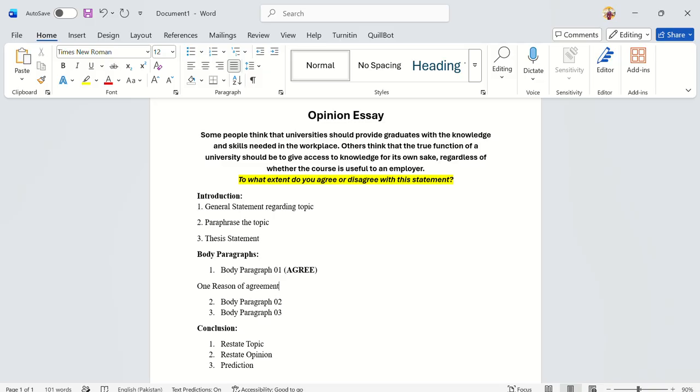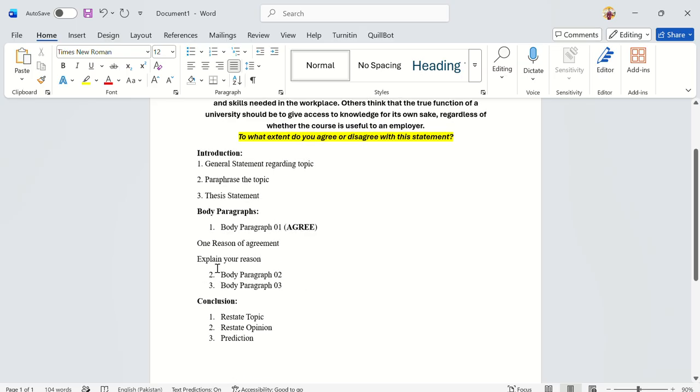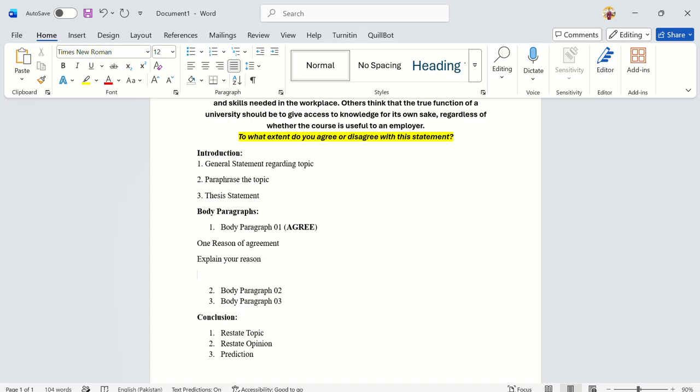And second, you have to explain your reason. First of all, you have to provide one line for one reason of the agreement. What is the main reason? And then you have to explain your reason. And the third thing is you have to provide an example of your reason.